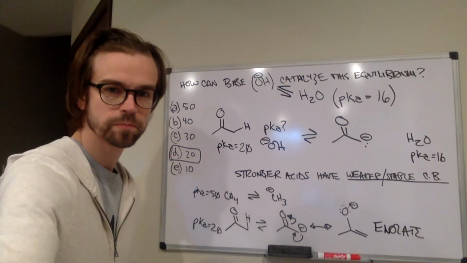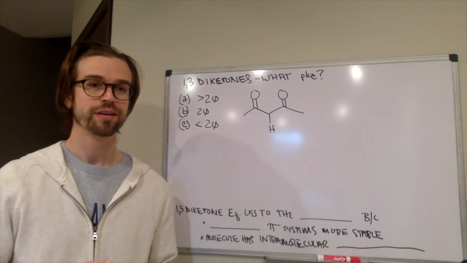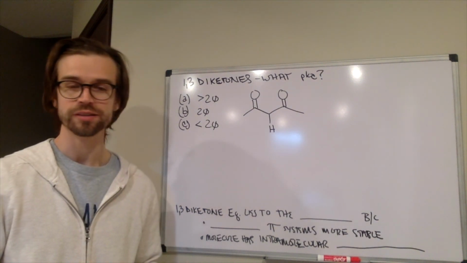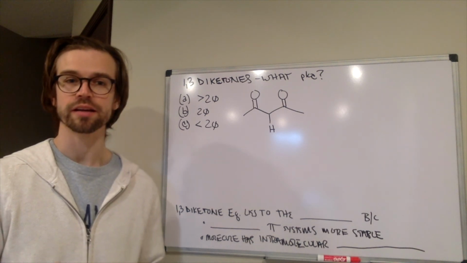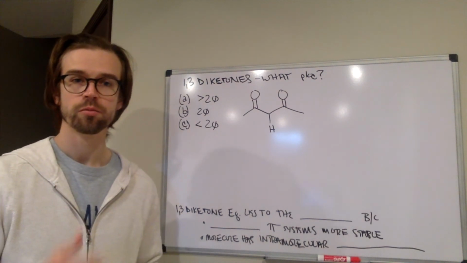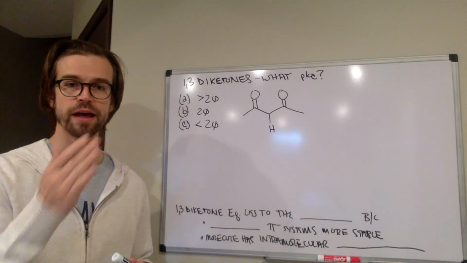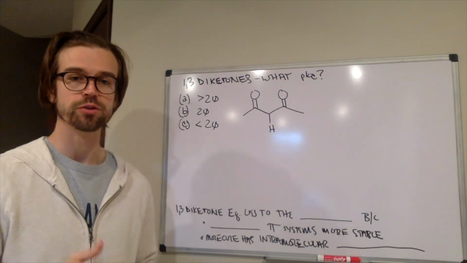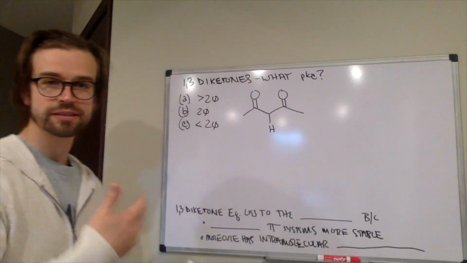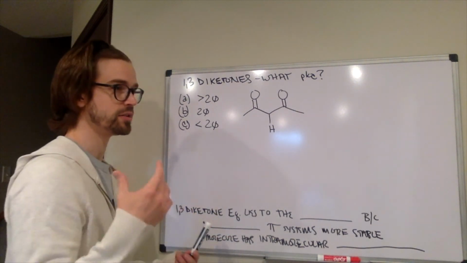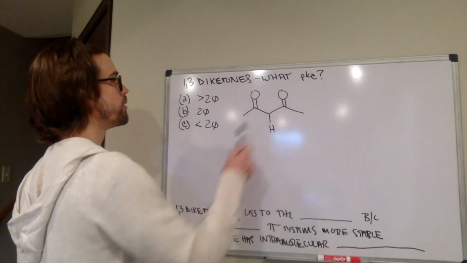Okay, so we just learned how ketones have a relatively acidic CH proton at the alpha carbon to the carbonyl. Now we're going to take this a step further. We had just a ketone. Now we have a 1,3 diketone.